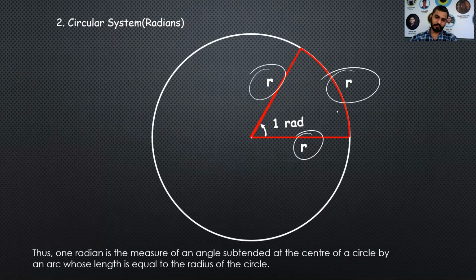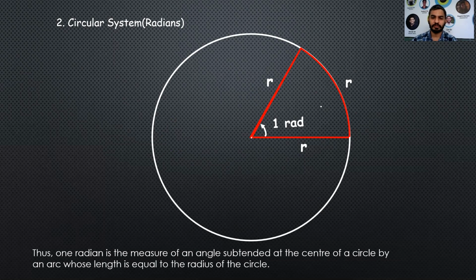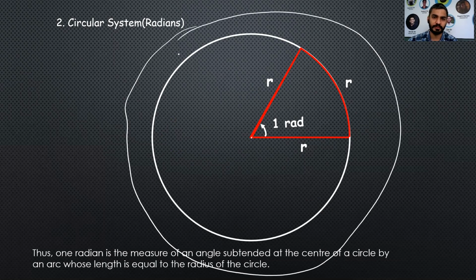Can we say whether the radian measure of an angle is dependent on the radius of the circle or not? No, it is not dependent. Why? Suppose I draw a bigger circle, the radius will increase.